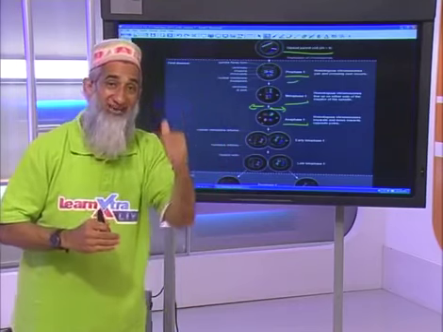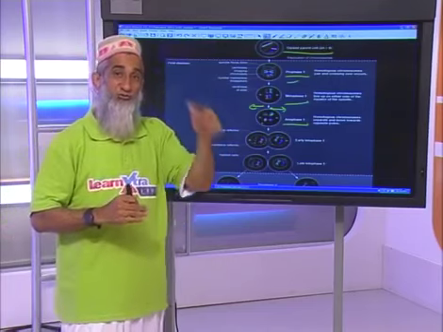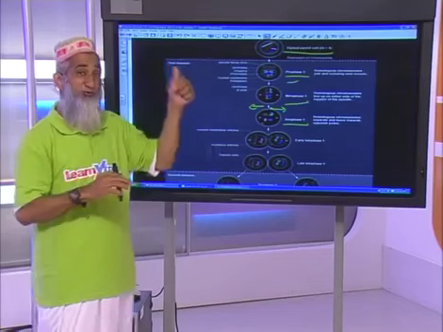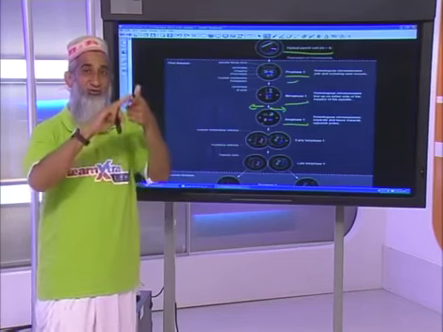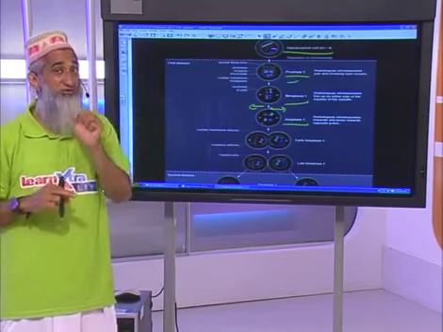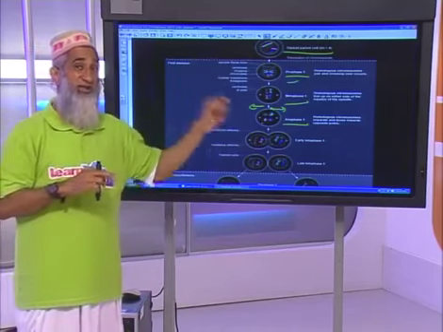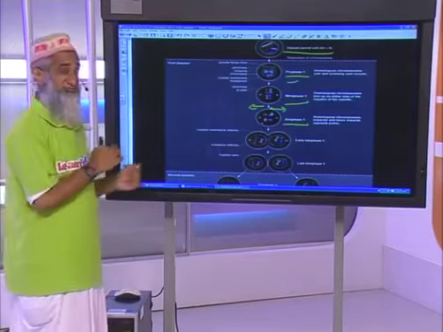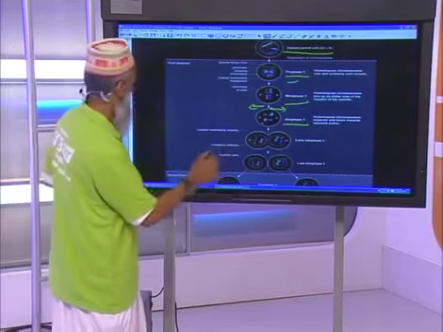So already in anaphase 1, the chromosome number has been reduced to half. Also, in prophase 1, crossing over took place, and this brought about variety. So two important concepts here: one is the variety, and two is the halving of the chromosomes, both taking place in the first stage already.